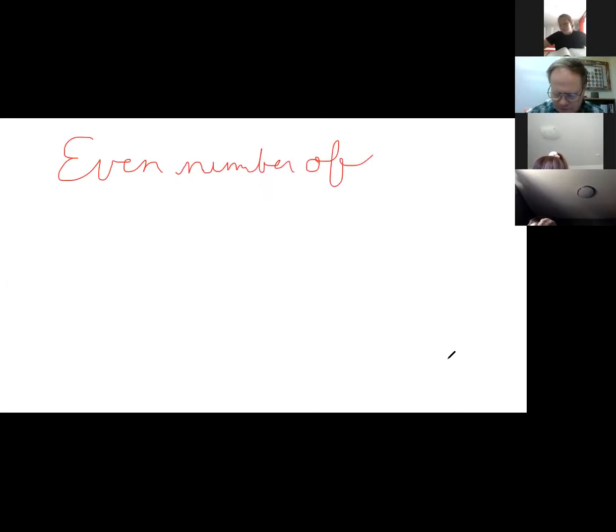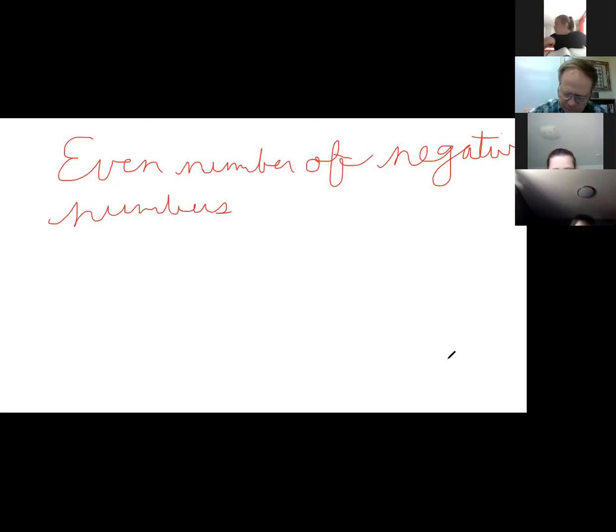All right, so here's the deal. When you are multiplying and dividing, if you have an even number of negative numbers you're multiplying, bless you.